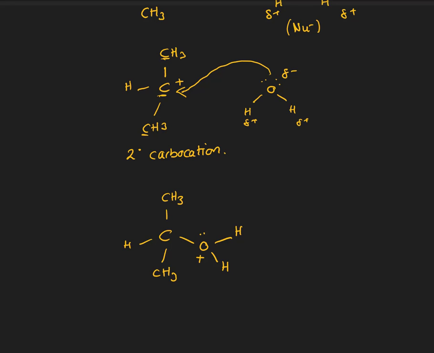If we were doing this in the lab, we would have a base. We'd be using a base in this reaction. So we can represent our base like this, B, with 2 electrons available. This will form a bond with a hydrogen here. It will steal the hydrogen from the oxygen. The oxygen is happy enough to let that go, so the bond breaks between the oxygen and the hydrogen.